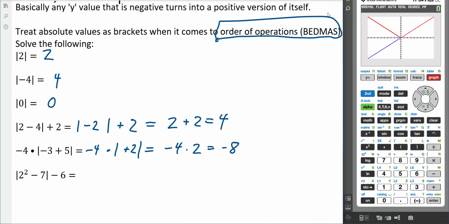We have 2 squared, which is 4, minus the absolute value of 7 minus 6. Okay, 4 minus 7 is negative 3, which becomes positive 3, minus 6, which is a negative 3 as our final answer.